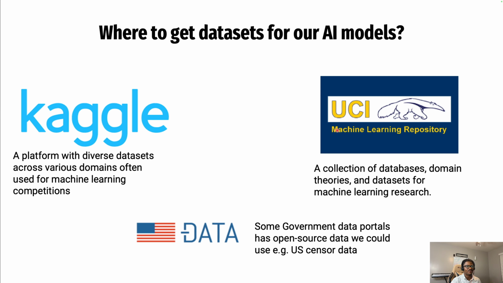Then there is the UCI Machine Learning Repository. We can also get data from here. Then we can also get data from some government databases like US Census data. It is open source. We can use it to train our AI.